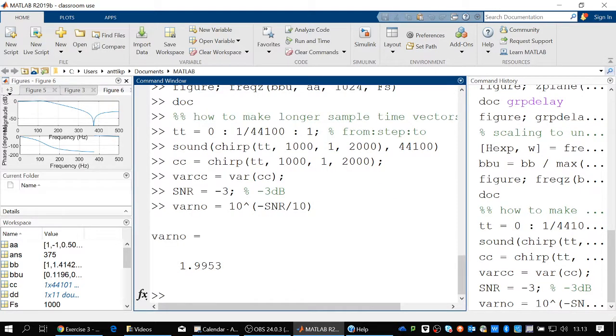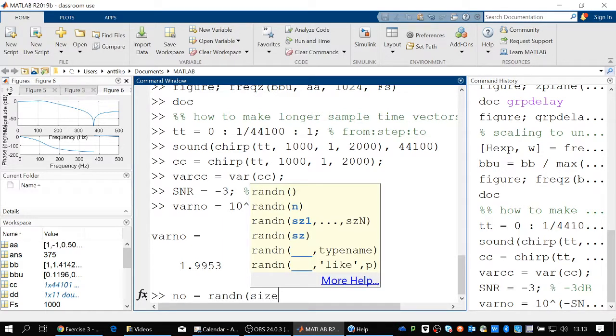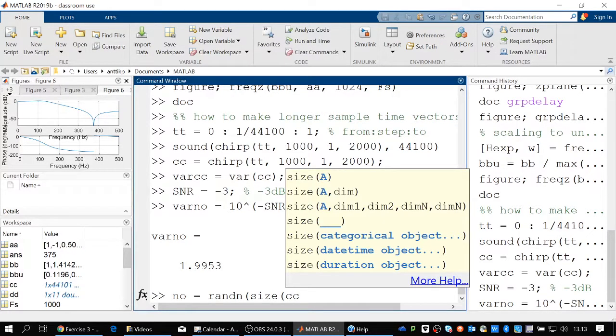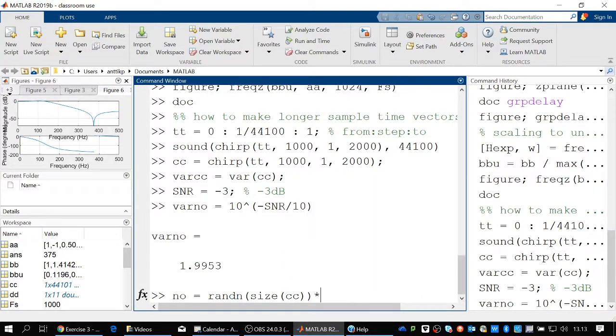Does it make sense? Yes, it actually does make sense. See, the variance of CC is about 1. No, it's not 1. It's okay. Variance of noise, and then basically noise is random numbers for the size of that CC times the square root of variance of noise.